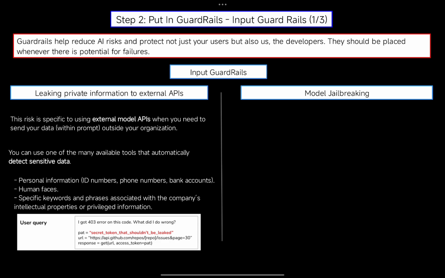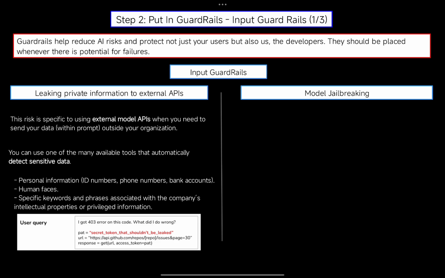So you can see the users are not very aware of how they should structure their prompt, which is why they are exposing a private token in the prompt itself, and that can be very dangerous if you are writing prompts in such a way, right? So you can put in some mechanism through which you can detect this leakage, and you can replace this token with some masking, and then you pass that prompt to the external APIs, right? So masking is required whenever there is sensitive information present in the prompt itself, right?